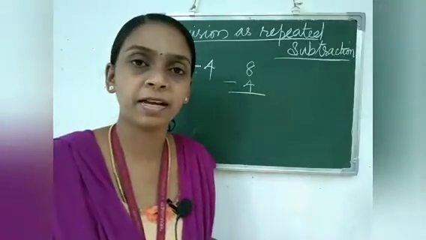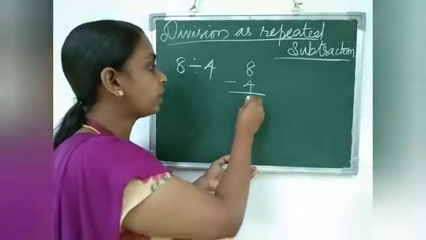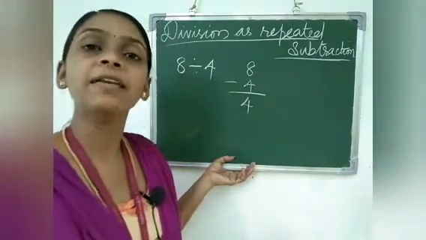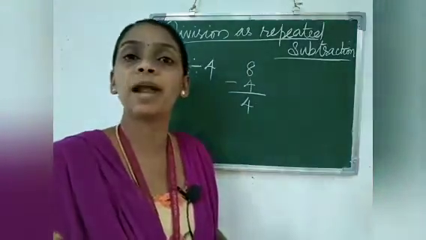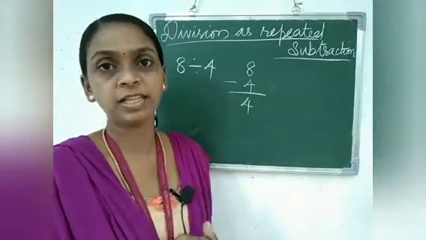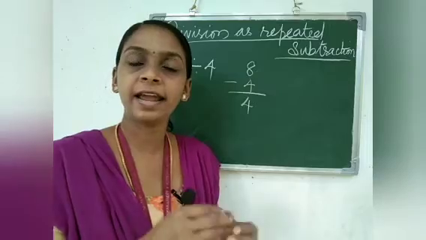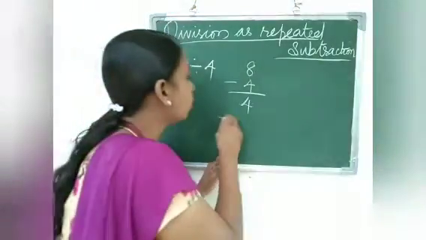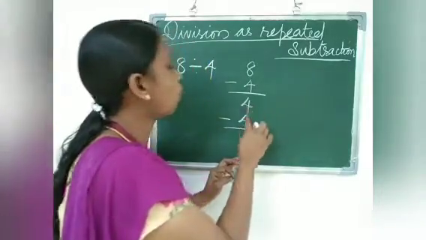So what is 8 minus 4? 8 minus 4 is 4. And we have to subtract 4 from this 4 again.